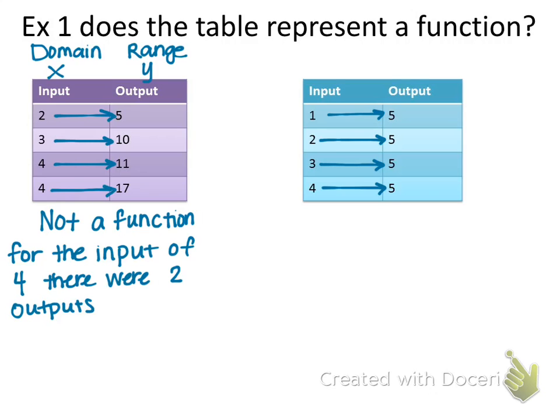Yes. Even though you say, but what? Hold on, all the outputs are 5. Doesn't matter. For the input of 1, what's the only output that input has? 5. Okay, that's one number. For the input of 2, what's the only output it has? 5. That's only one number. Okay? So as long as each of these only have one output, then it's always a function.